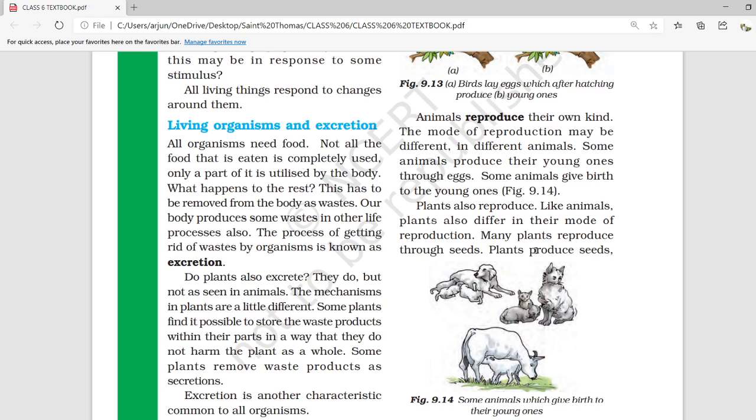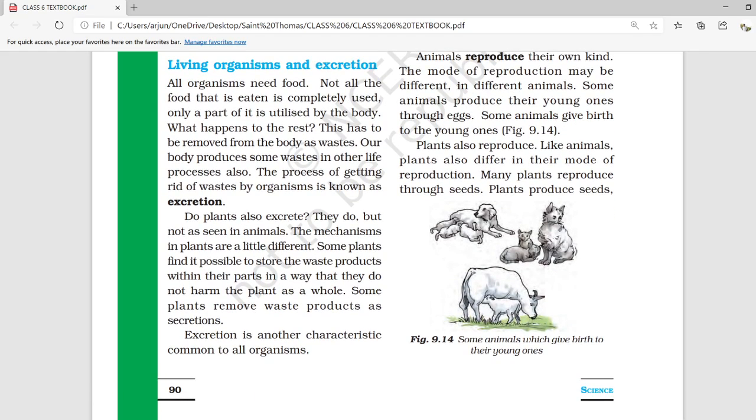Some non-useful substance of that food is excreted. So what happens to the rest? This has to be removed from the body as waste. Our body produces some waste in other life processes also. The process of getting rid of this waste by an organism is known as excretion.